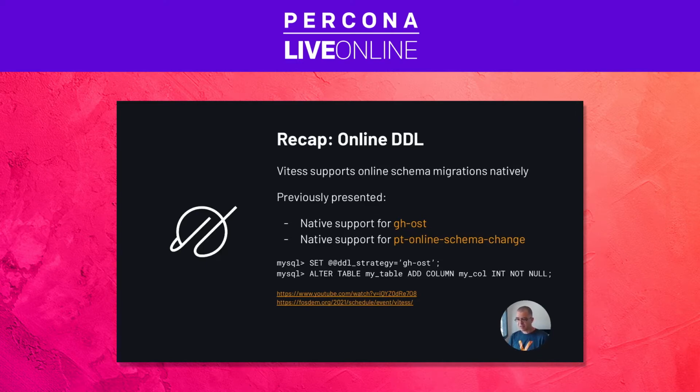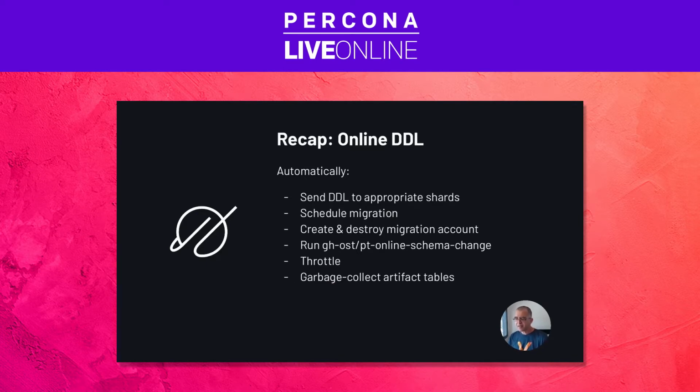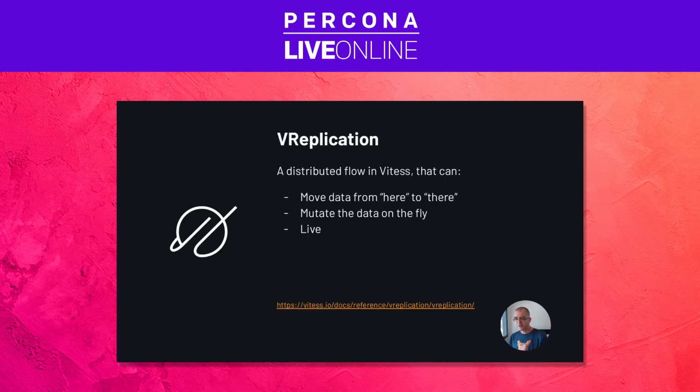Behind the scenes, when Vitess notices that you requested a Ghost DDL strategy, it will take care of all the necessary operations: what are the appropriate shards? Am I free to run this migration right now? Creating an account for a MySQL user to run that migration. Running either Ghost or pt-online-schema-change. Configuring the command line flags, throttling, automated throttling with Vitess, garbage collecting the leftover tables, etc. So all this hassle is taken care of by Vitess.